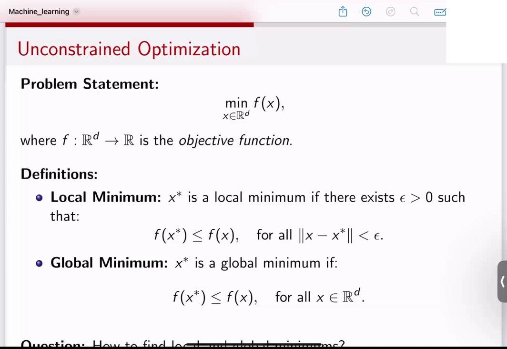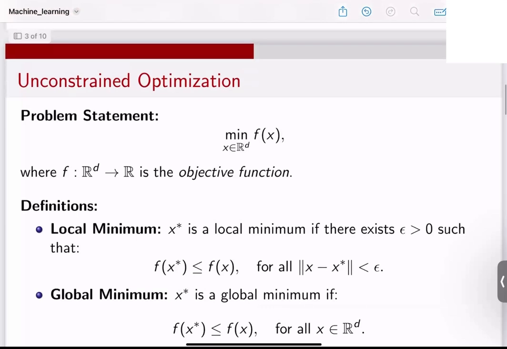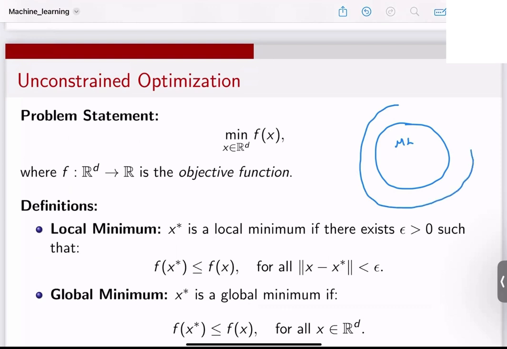Machine learning is a subfield of another bigger field called artificial intelligence, let me just call it AI.